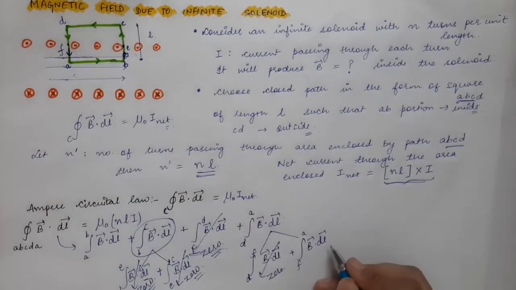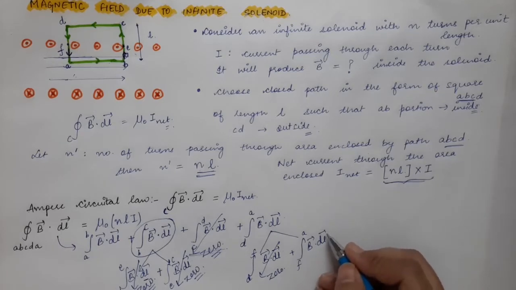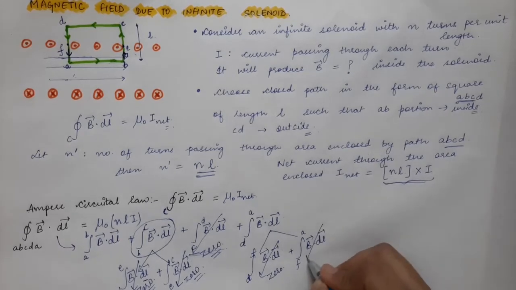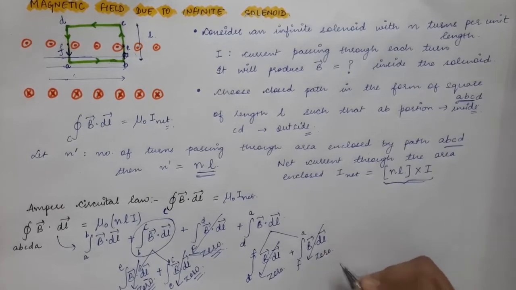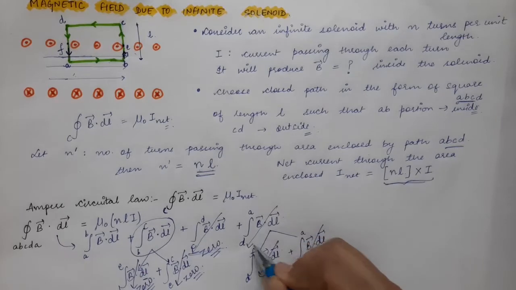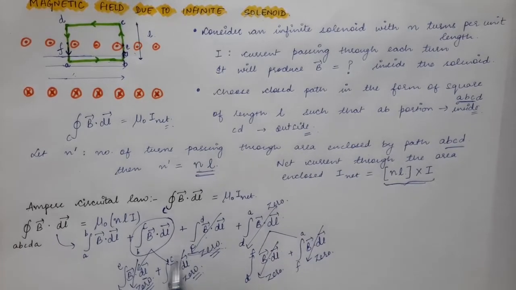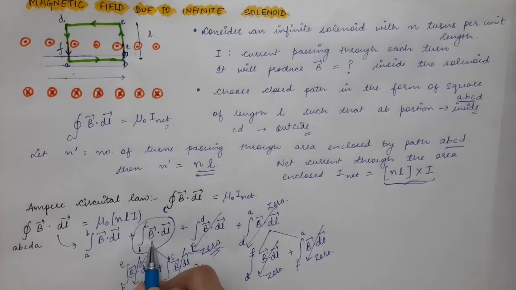So again the magnetic field and DL vector will be at right angle. So this integral will also be equal to 0. So this integration in total has come out to be equal to 0. This integration has also come out to be 0, and this also is equal to 0.